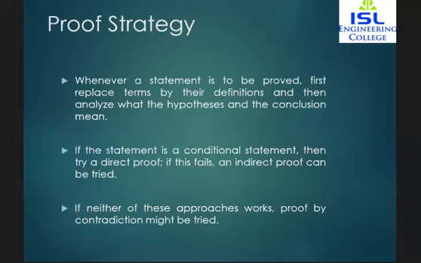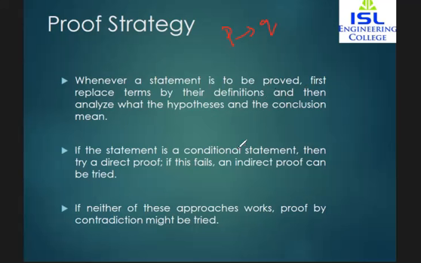Whenever we are talking about proofs, if you remember, we used to have the implication and we were supposed to prove P implies Q. Now in this case, whenever a statement is to be proved, first replace the terms and then by their definition analyze what we are supposed to conclude.